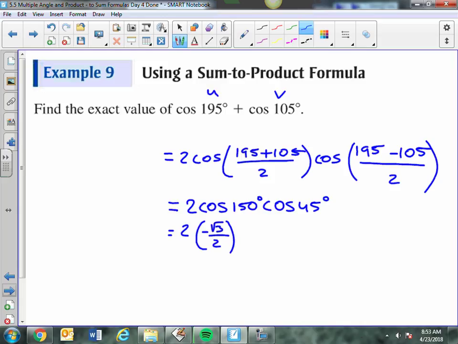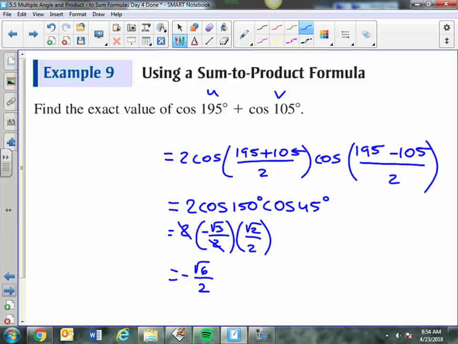And then the next one would be 45, so we're looking at the square root of 2 over 2. Okay, and then you just have to simplify. Now, 2 times one of these, you can cancel out one of the denominators, and then you can multiply the 2 numerators. So if you have 2 square roots, of course, you can multiply underneath the square root. So we would just have negative square root of 6 over 2.